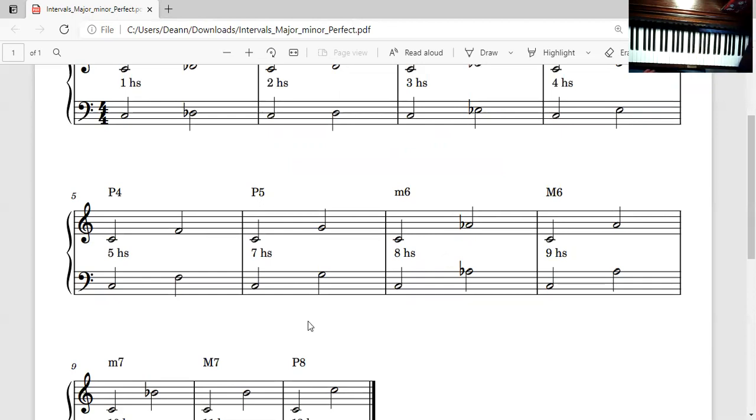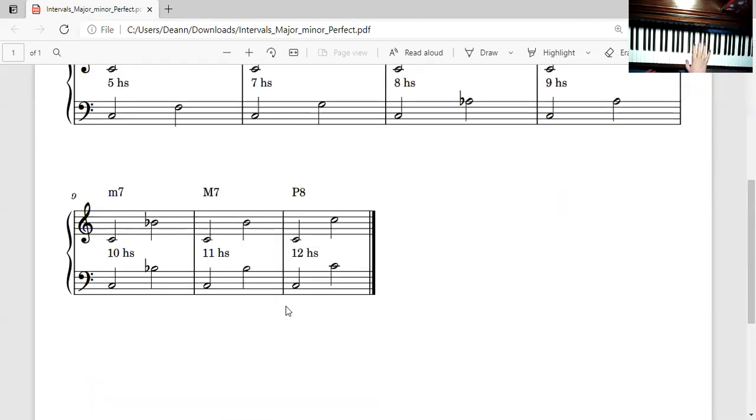A minor seventh has 10 half steps. 1, 2, 3, 4, 5, 6, 7, 8, 9, 10. And it's also the opening interval to Star Trek. A major seventh has 11 half steps.